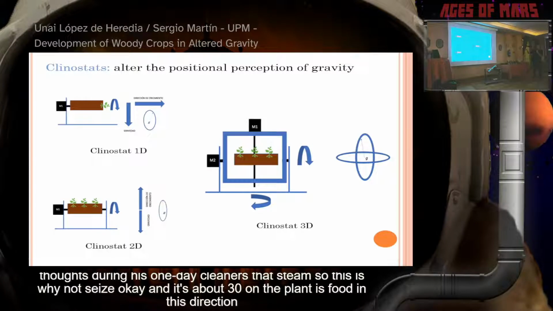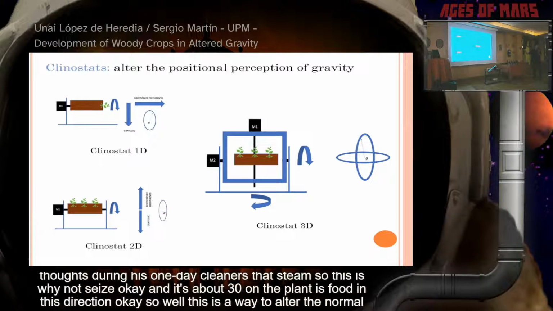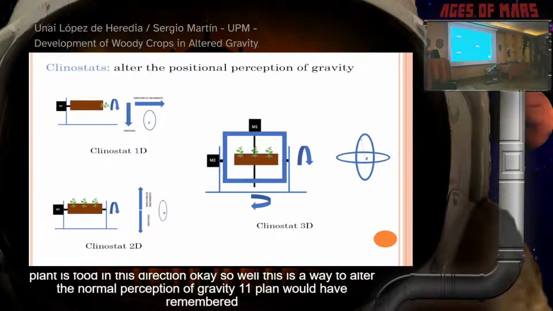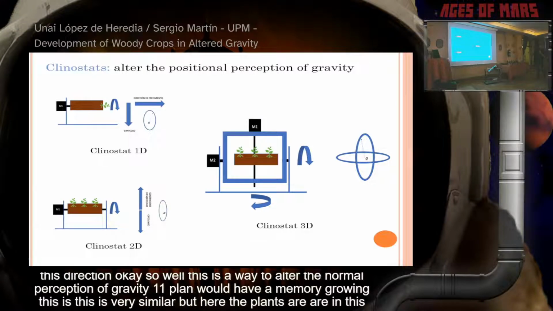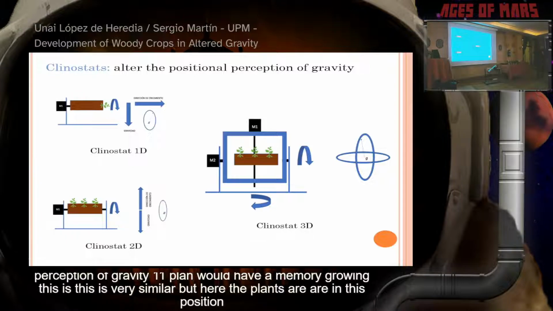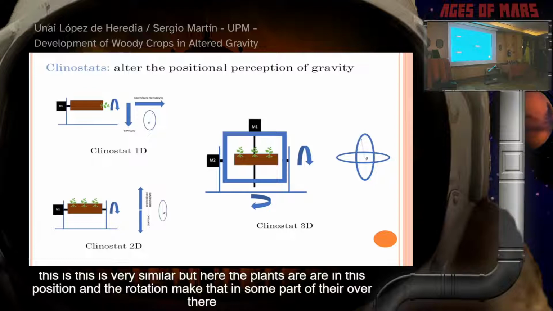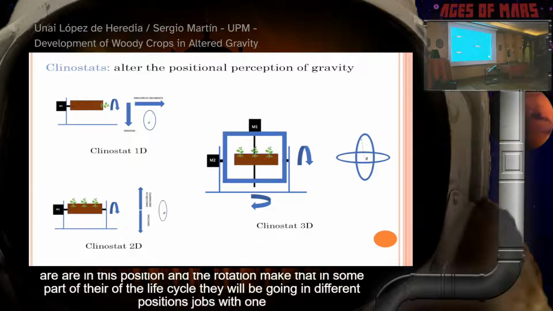This is a way to alter the normal perception of gravity one plant would have normally growing. This is very similar, but here the plants are in this position, and the rotation makes that in some part of their life cycle they will be growing in different positions just with one axis. This was our first clinostat.